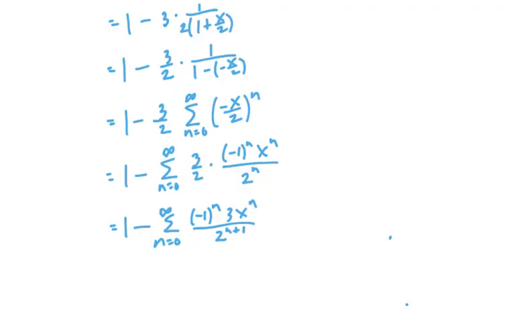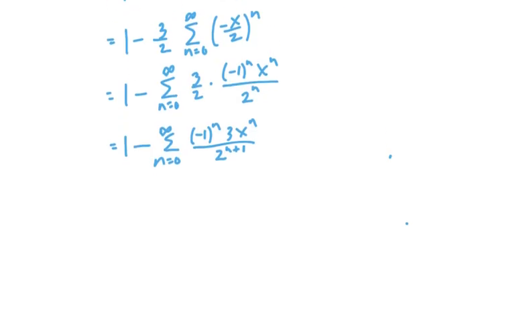You may see this cleaned up a little bit, let's put it that way. To look like this, they would put negative 1 to the n, 3 over 2 to the n plus 1, x to the n. Because you have that constant on top, it may tend to look like that.